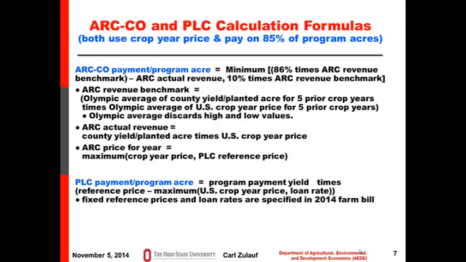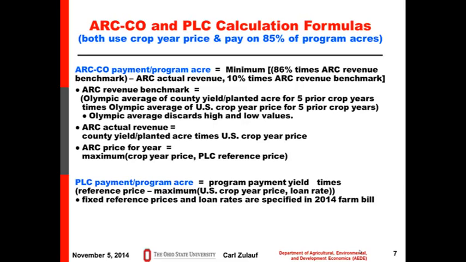So the key things to keep in mind here is that this is a price-only program. It pays only on price. The program payment yield is the yield that it uses. It doesn't vary, so it's not paying on yield variation. The only thing that it pays on is the variation in price, okay?